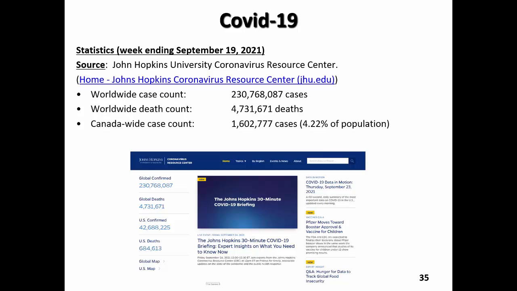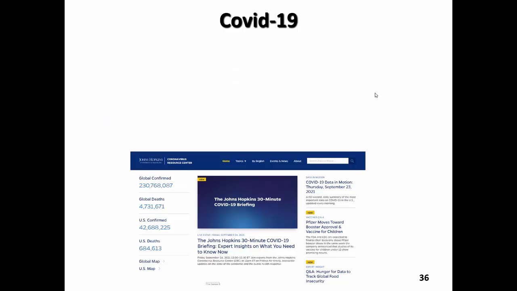Specifically in Canada at that time, the Canada-wide case count as reported was over 1.6 million, with a 1.7% fatality rate, or the number of deaths divided by the number of cases.